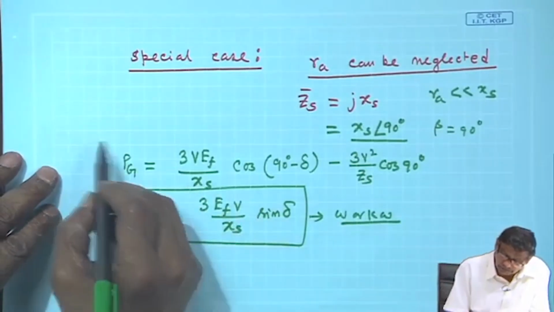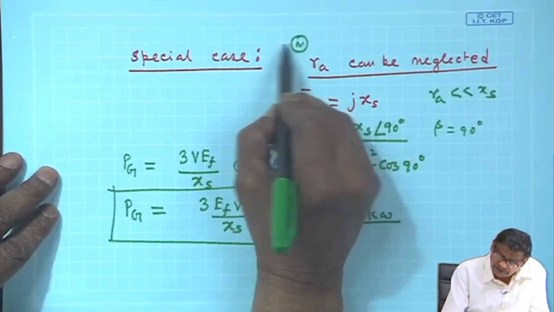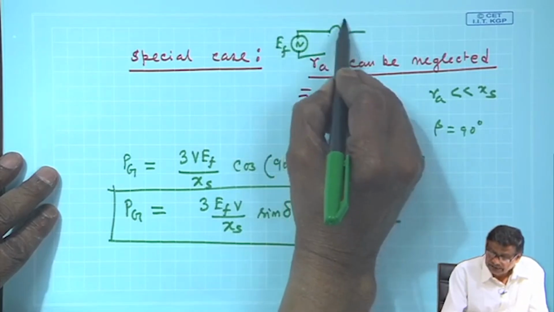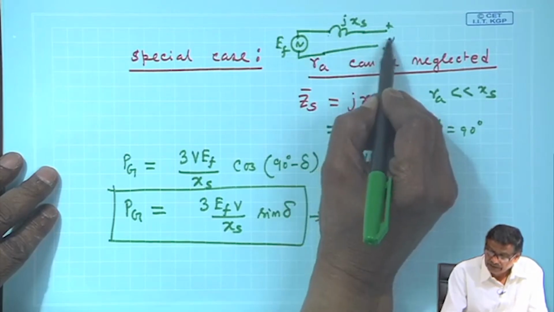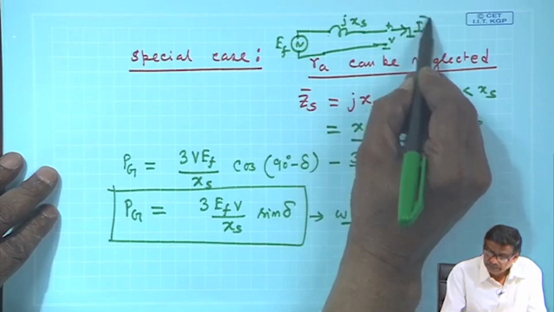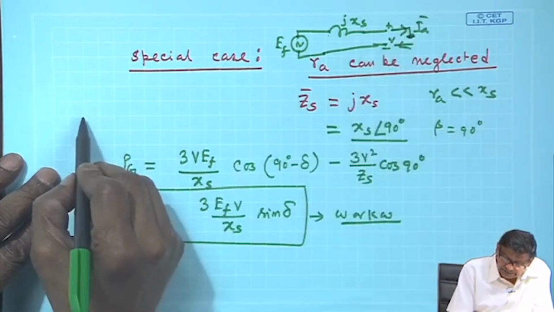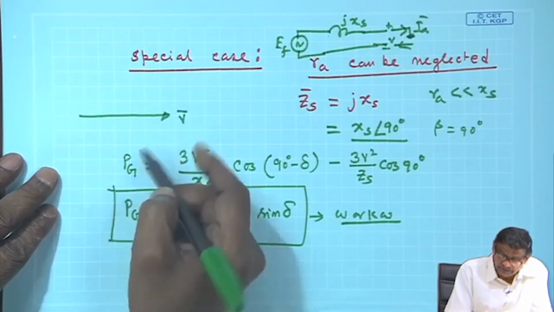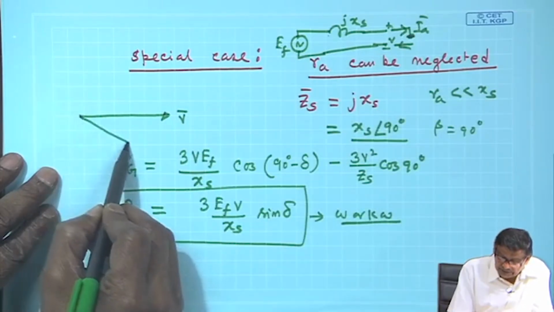It will be very simple, because in this case I have assumed your equivalent circuit to be EF, your ZS with no RA, so jXS the synchronous reactance, and here is your terminal voltage V, and here is your load current IA. Are you getting it? So in this case the phasor diagram will look like this: terminal voltage V, that is V 0 degree, and it is delivering, suppose, a lagging power factor current IA.